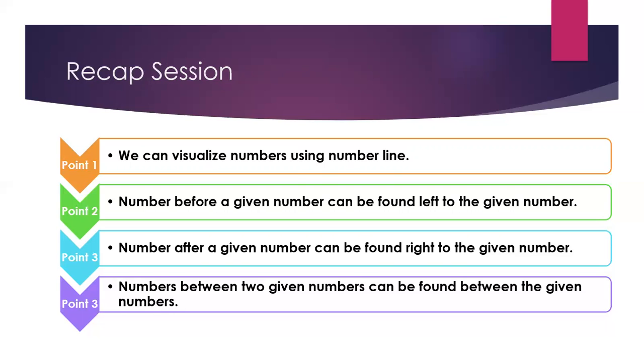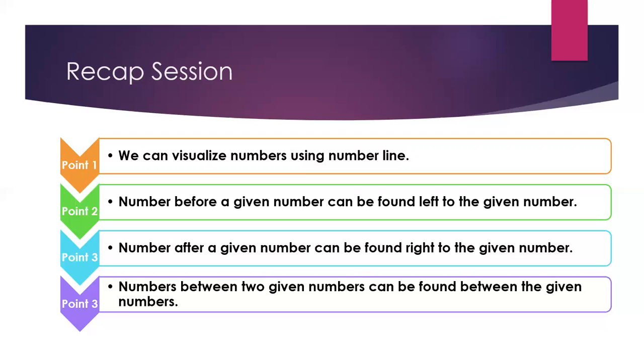And secondly, when we are finding a number before a given number, it can always be found to the left of the given number. We have found earlier that whenever we are finding a number before a given number, it is always towards the left on the number line. Similarly, if we are going to find a number after a given number, it is always towards the right of the given number on the number line.